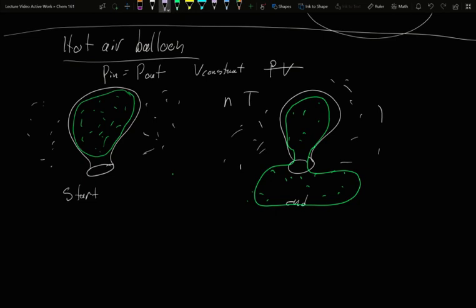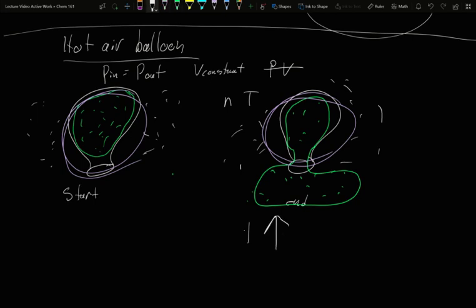Well, since we're only ever looking at what's in the balloon, we have to cut off that chunk of gas that left. What actually happens is that once we heat up our balloon, if our temperature goes up, the moles inside the hot air balloon go down. We've pushed some of those moles out of the balloon.